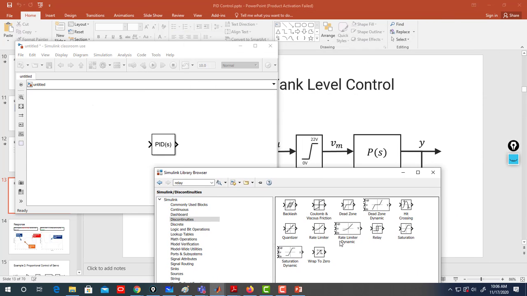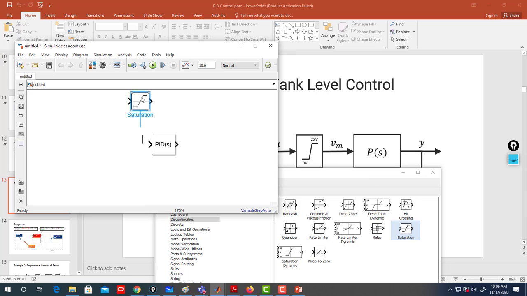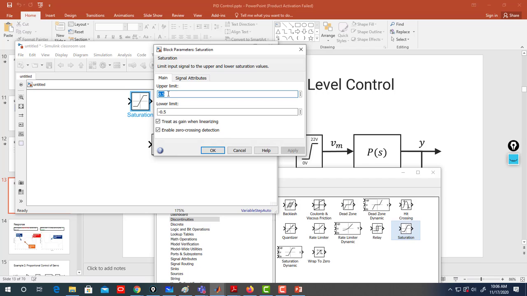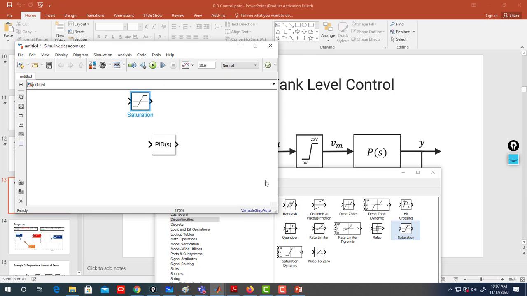So here we have this saturation block that we saw in on-off control. You could use it here between 0 and 22. It's not necessary to be symmetric, as they are saying here. You can put the lower limit as 0 and the upper limit as 22 volt. Okay, so that's how you model it.